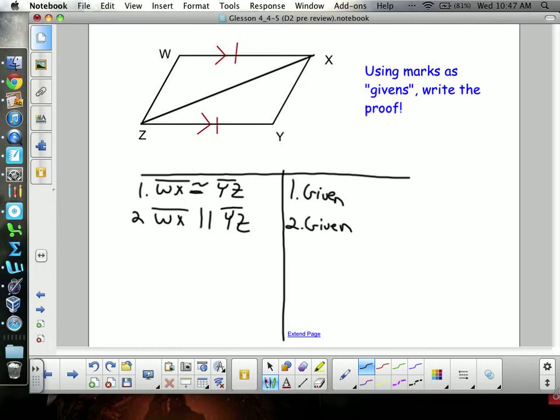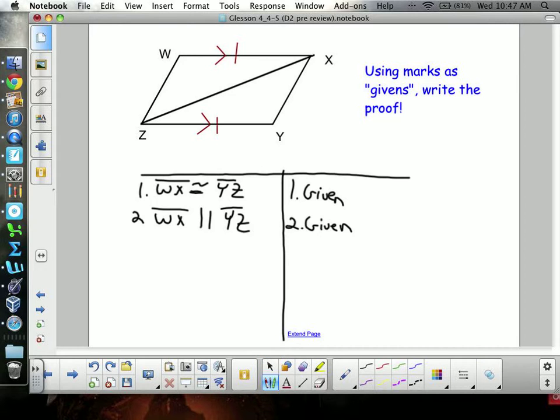So what can I conclude based on parallel lines? If I have parallel lines, what parts of triangles can I conclude are congruent? Angles. And how am I going to do that?